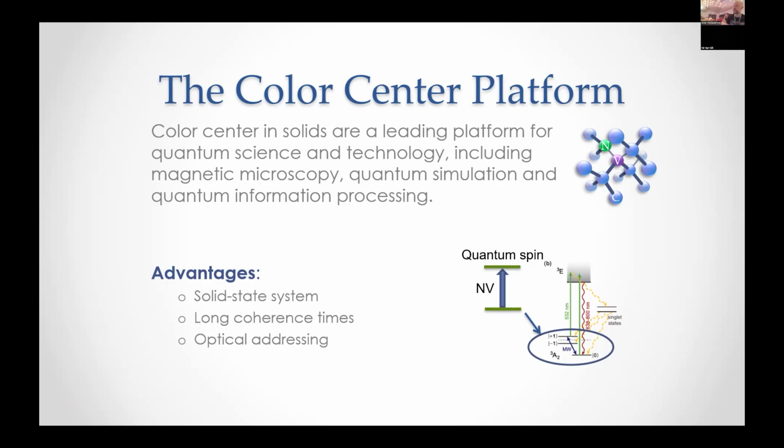So these are color centers in the sense that they couple to light, they fluoresce, and we can use this optical accessibility both for initializing and reading out the quantum state of the system, which is extremely useful for many types of applications. So trying to utilize these types of systems gives us a nice platform for various types of quantum technologies and also quantum science that I might mention briefly during this talk.